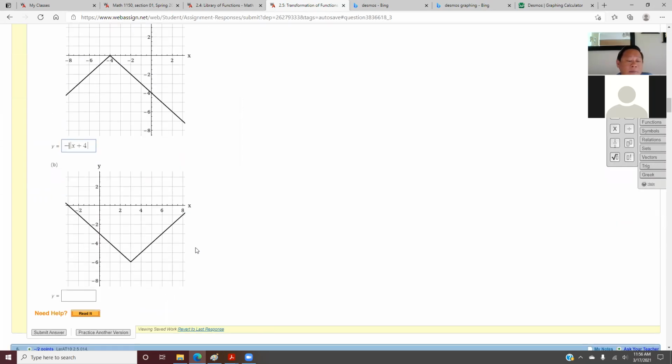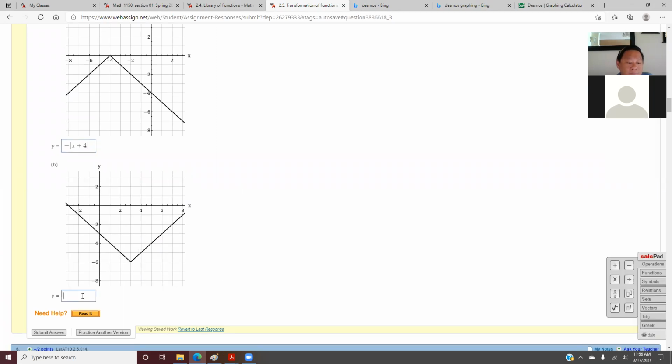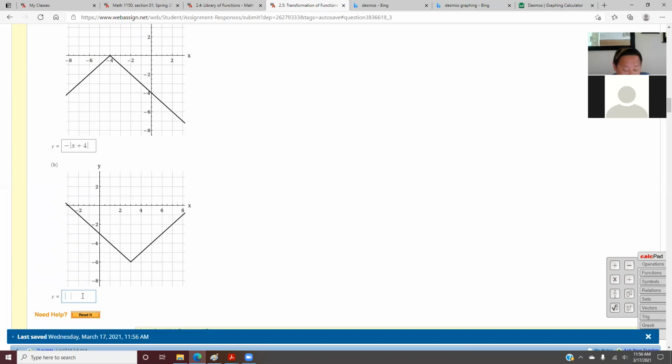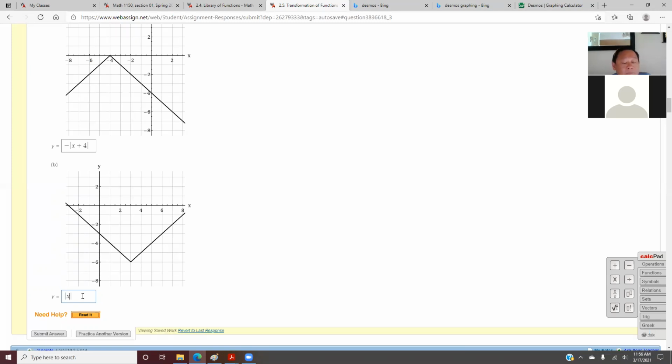How about this one? So it moved down 6, and then it moved to the right. Right what? Like 3. So how do you write move right 3?